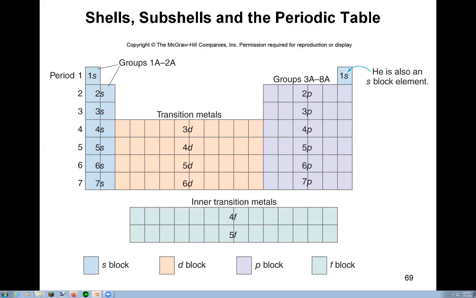This is how, if you look at the periodic table and find an element there, you can retrieve its electronic structure from its position in the periodic table.